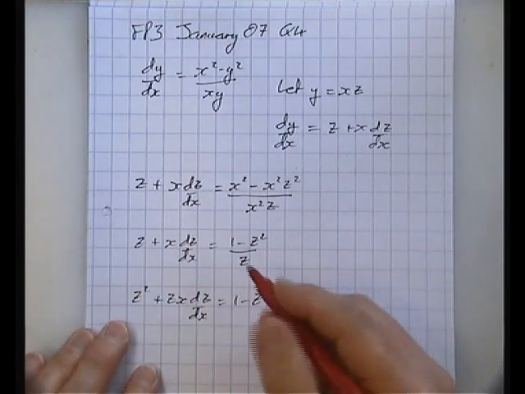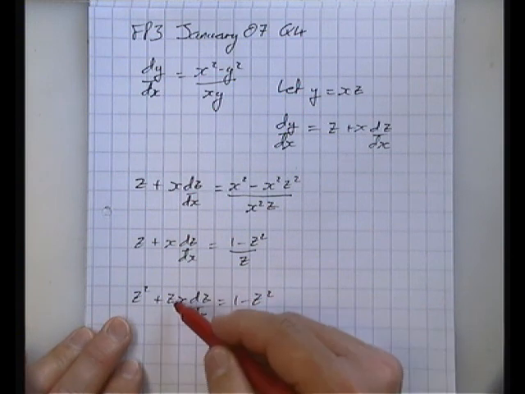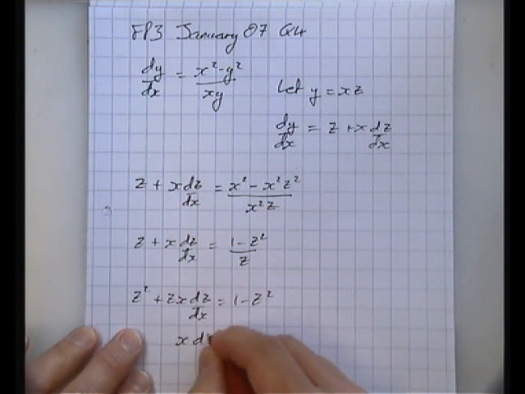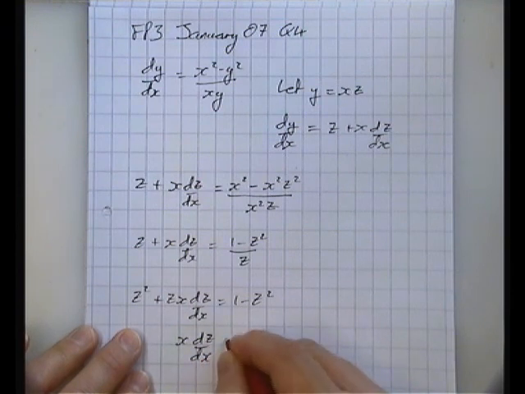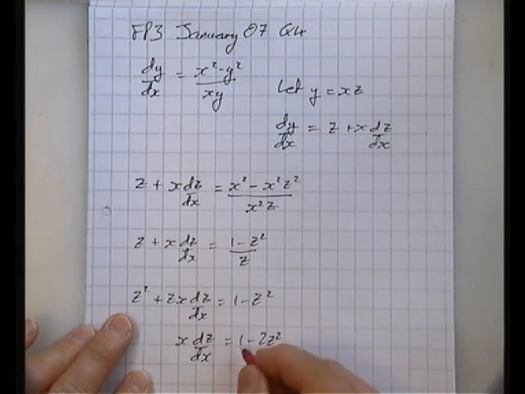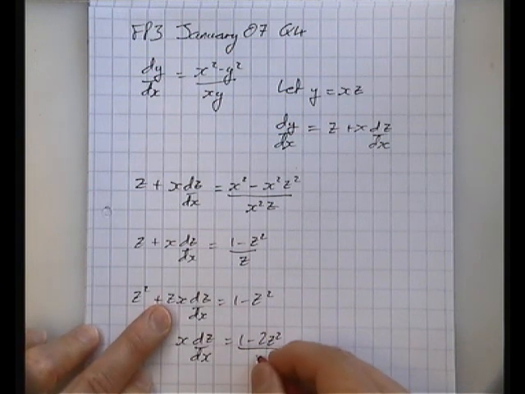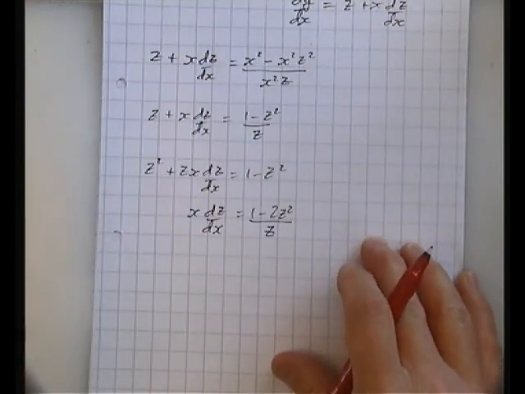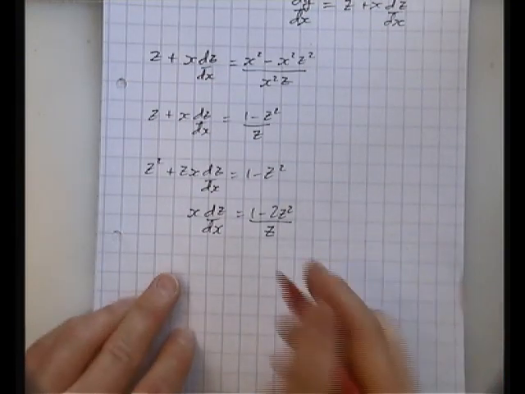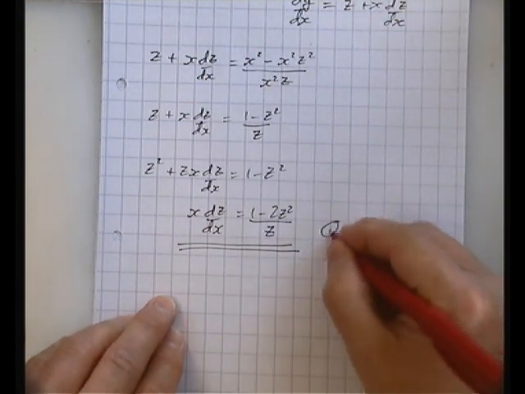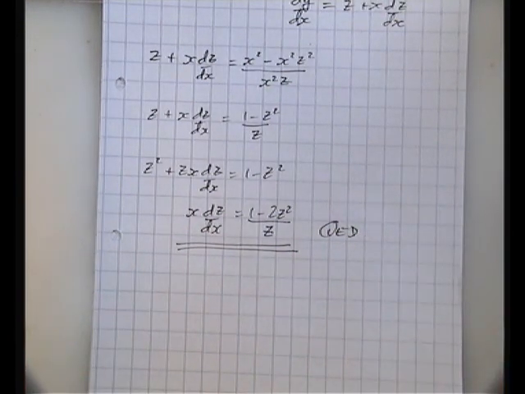Then I'll subtract that z squared and divide through by z to get x dz/dx is equal to (1 minus 2z squared) over z, because I subtracted that z squared, divided by this z, which is what they were asking us to find. That is the differential equation they said we should obtain.